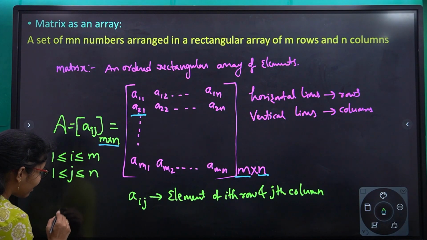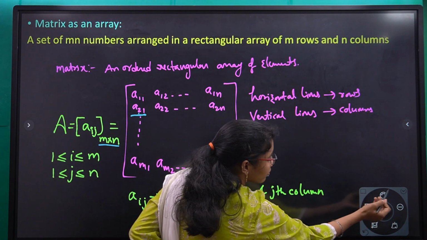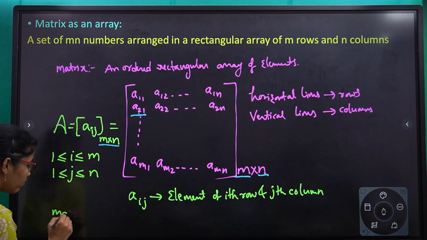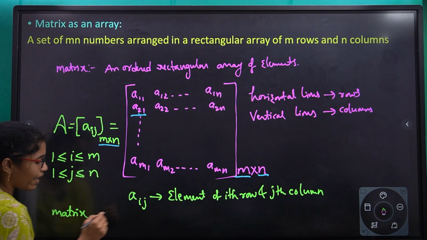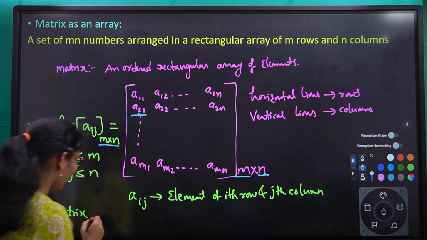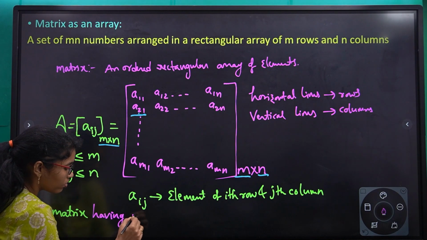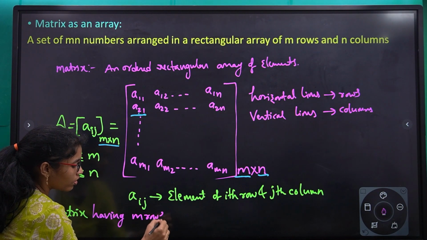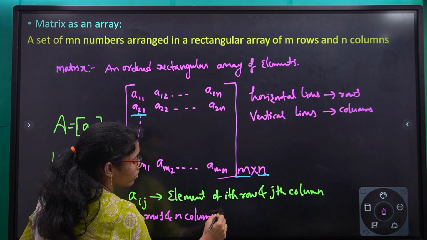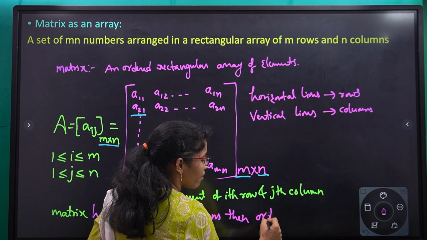A matrix having m rows and n columns, then the order of the matrix is m by n.